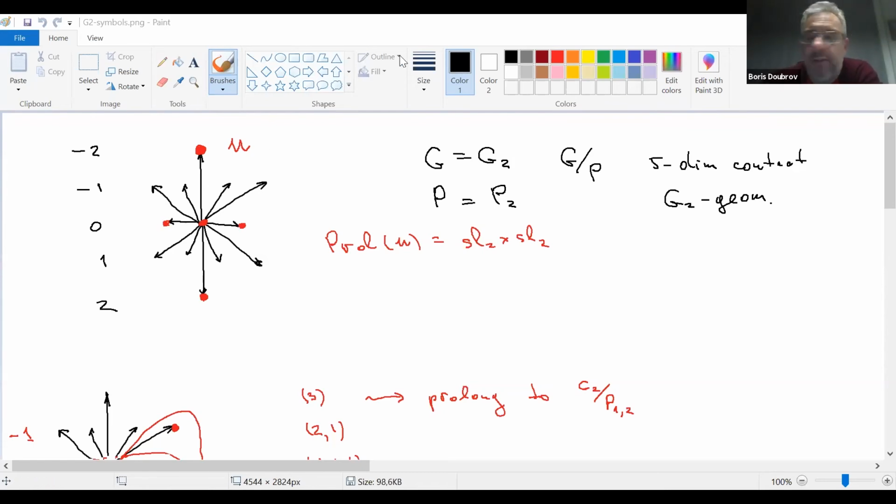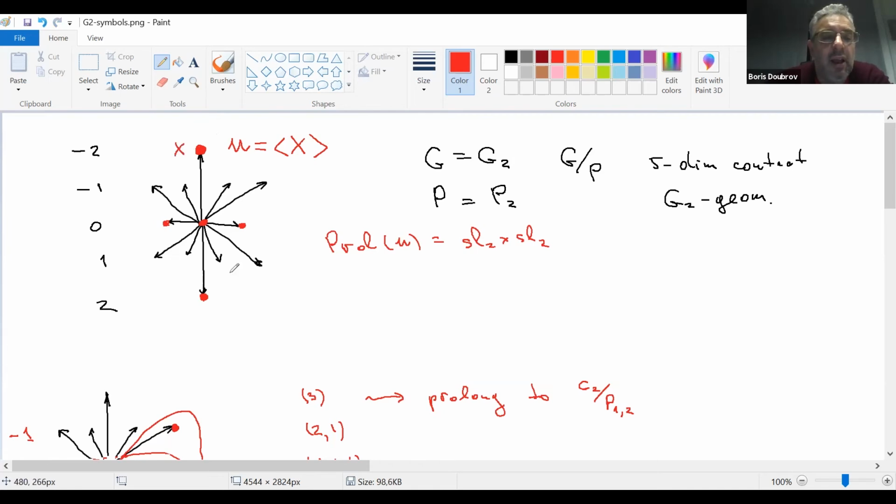So let's look at this. Let's recall what we have. This is G2 with a contact grading. This is a grading given here from -2 to -1, 0, 1, 2. And our symbol here is n, which is one-dimensional. This is what I denoted by x last time. So essentially, this element is x.